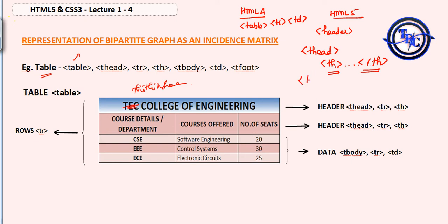And here the structure of table will be like, you will have table, and if you want to give some caption, it will not come inside this table, it will be here. Say for example here I want to write this, which is said to be caption. I will have some t head tag, within which you can give, like, this is the Diksha College of Engineering.